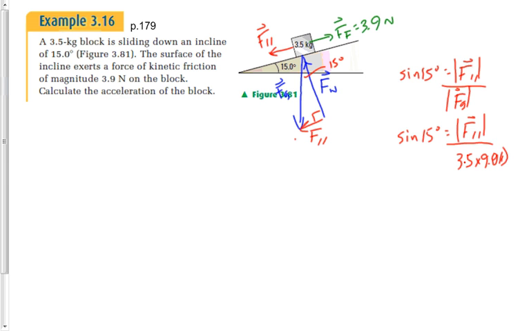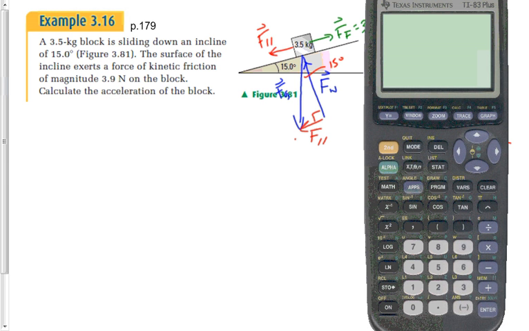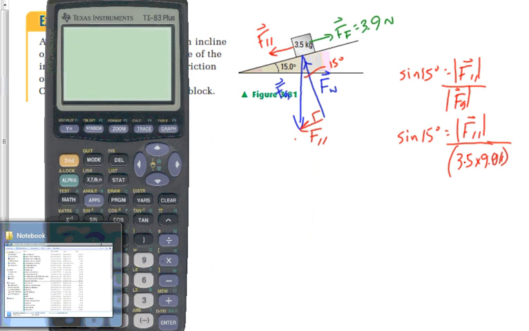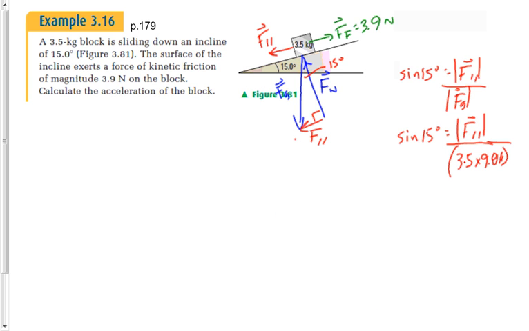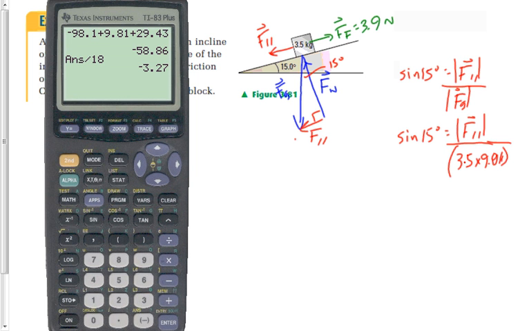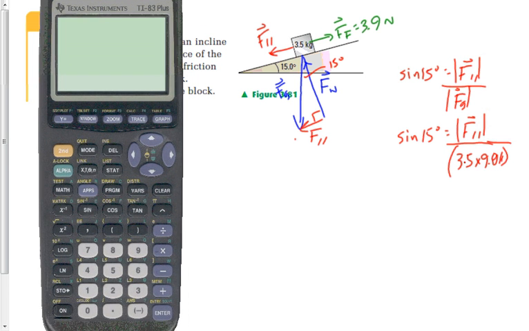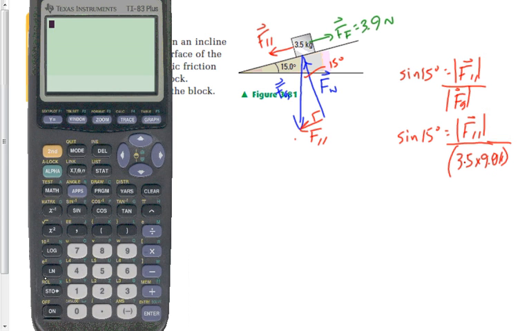Let's get the value of that. Sine 15 is equal to 0.2588.